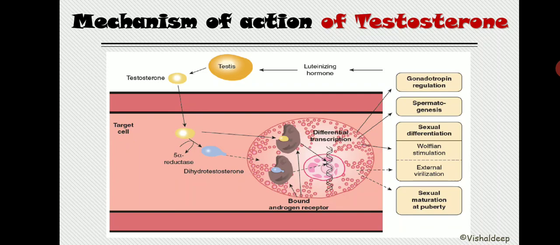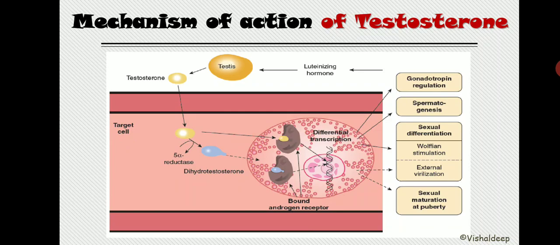Let's revise a bit. So testosterone will diffuse into the target cell. Inside the target cell, testosterone is converted into dihydrotestosterone. This dihydrotestosterone will bind with the cytoplasmic receptor, then make a receptor hormone complex. This hormone receptor complex will diffuse inside the nucleus.